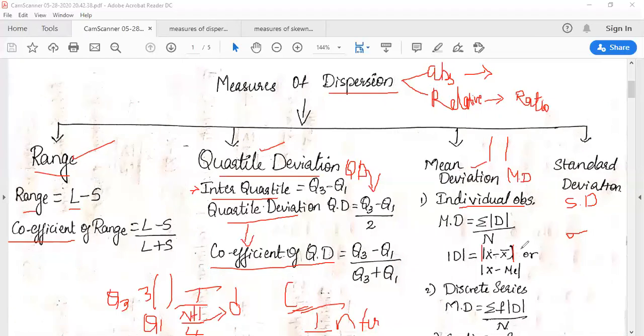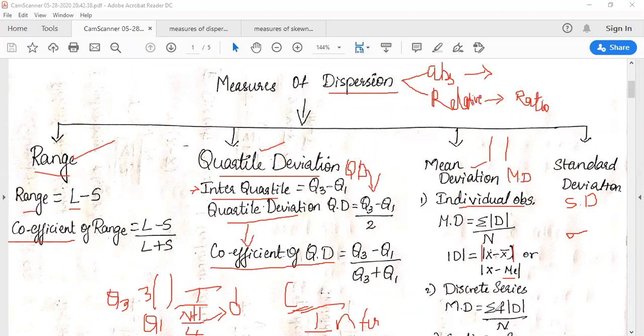That is called modulus d. Suppose you are taking mean deviation from median, in that scenario you have to take the deviations from median to get summation modulus d by n. That is for individual series.